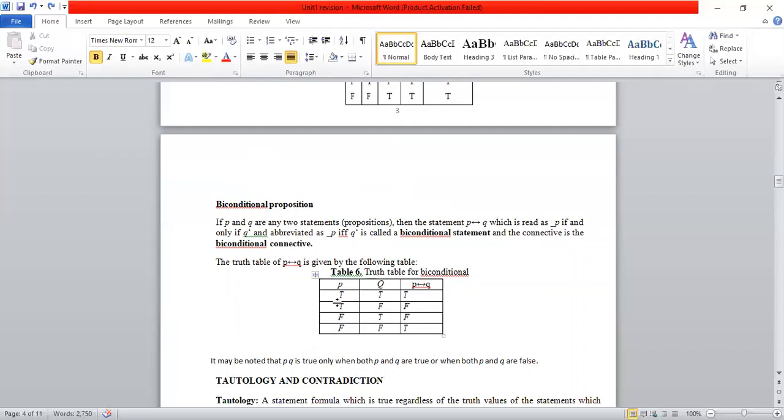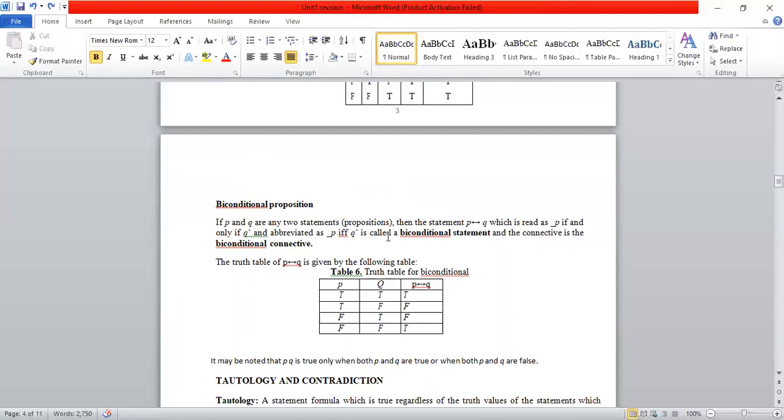When both P and Q are true, then P biconditional Q will be true. When both P and Q are false, then P biconditional Q will have true truth value. Otherwise, it has false truth value. Okay, this is about biconditional proposition.